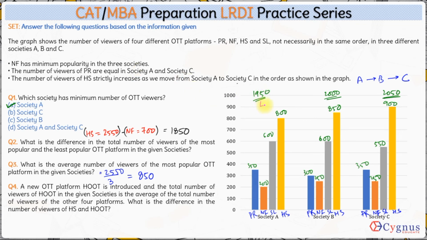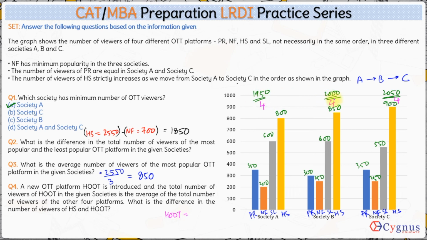So the number of viewers of Hoot in society A will be 1950, that was the sum of all the 4 platforms, divided by 4. The same will be divided by 4 in society B, and this will be 2050 divided by 4 in society C.